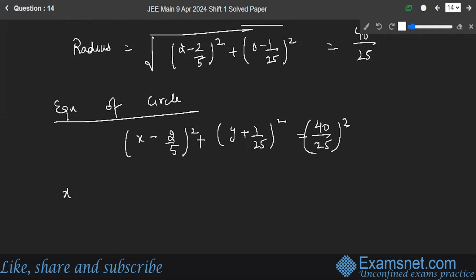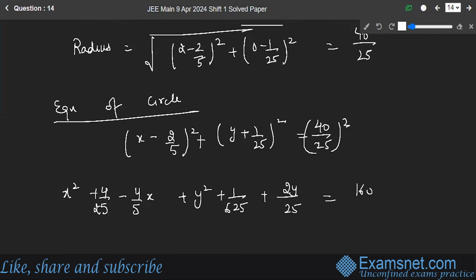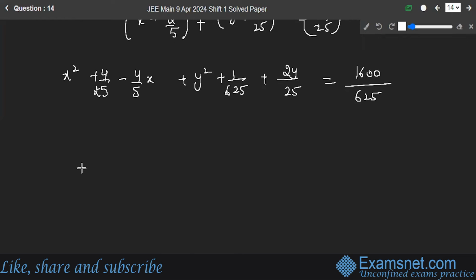So this gives me x squared minus 4 by 5 x plus 4 by 25, plus y squared plus 2y upon 25 plus 1 upon 625, equal to the radius squared. So let's do the cross multiplication.